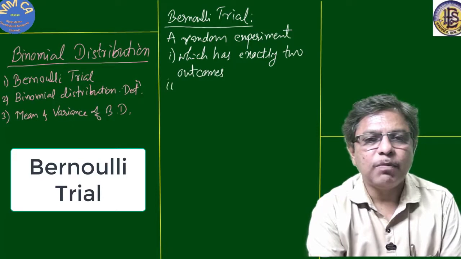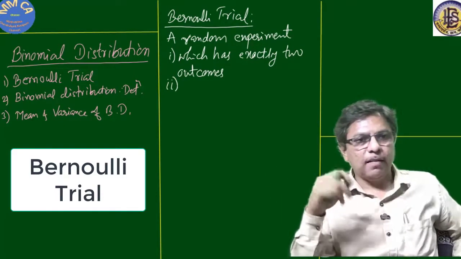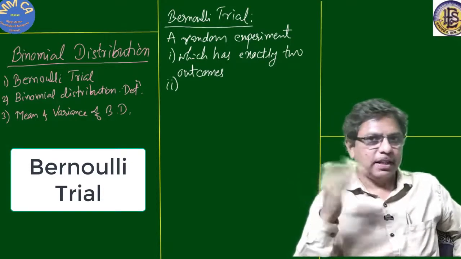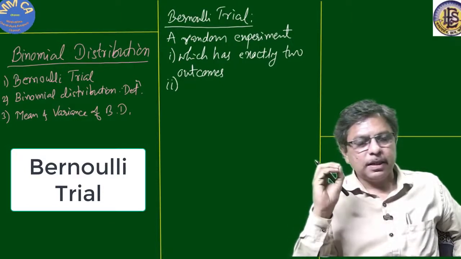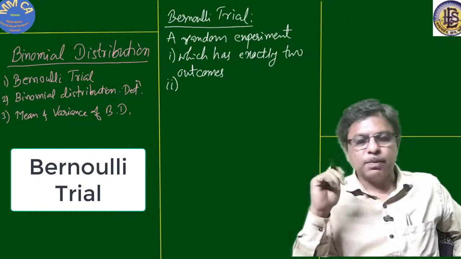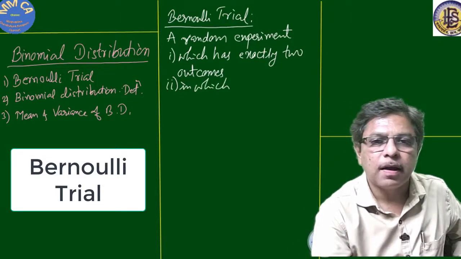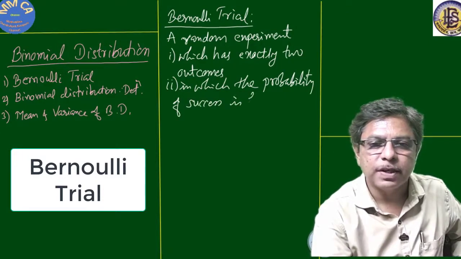For example, if we toss a coin, you'll get either head or tail. If we answer a question, it is either right or wrong. Like that, you'll get the trials. These are the examples.